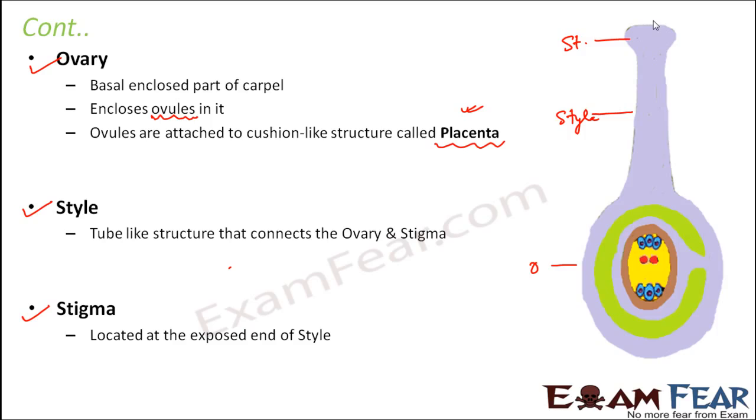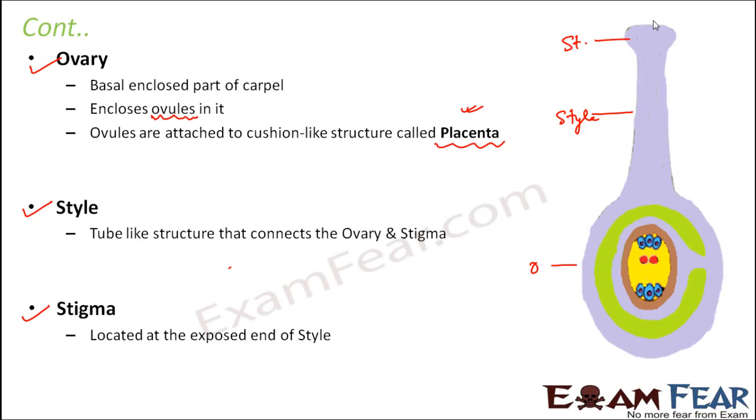Now, if you closely look at a flower, let us suppose a hibiscus flower, because there it is very easy to see all these structures, you can very clearly see at the center a long tube-like structure with a small swollen part at the top.